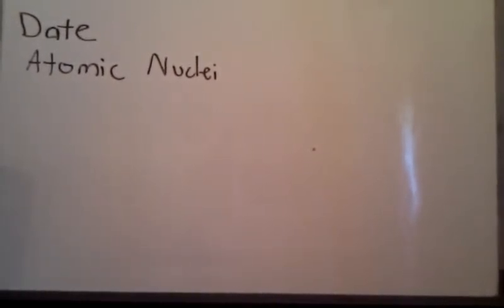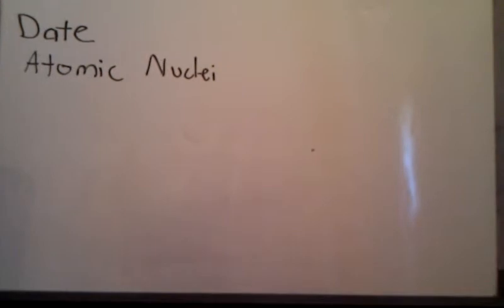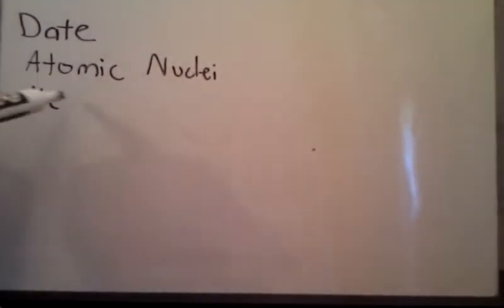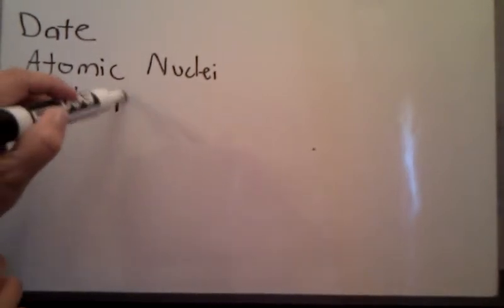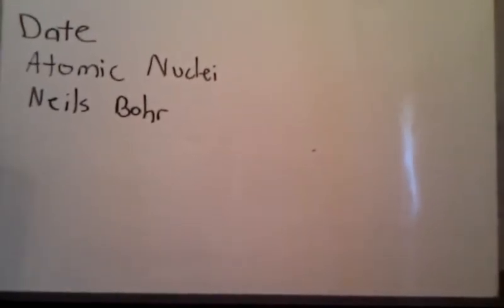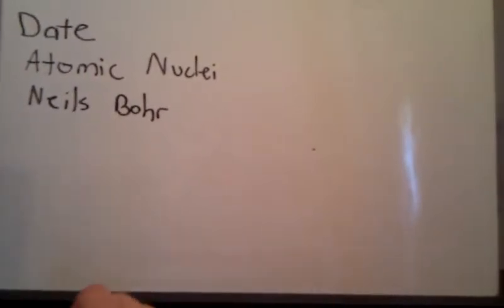Niels Bohr. Bohr's model suggests that electrons move around a nucleus in specific paths. Okay, so Niels Bohr was a Danish physicist.